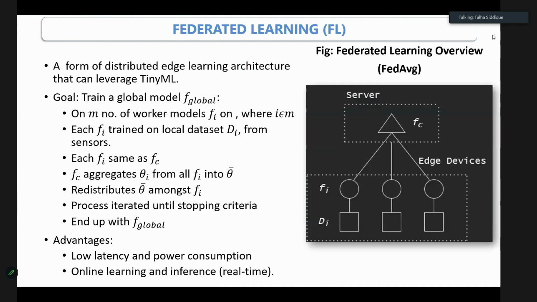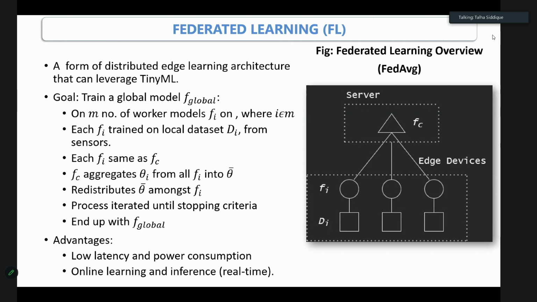So, in order to do online training, there is this form of distributed edge learning architecture called federated learning. The goal of federated learning is to train a global model, which in our case is the F global, and we have m number of worker models on n number of edge devices. You can think of each of these edge devices as a magnetometer connected to an MCU or a single board computer.